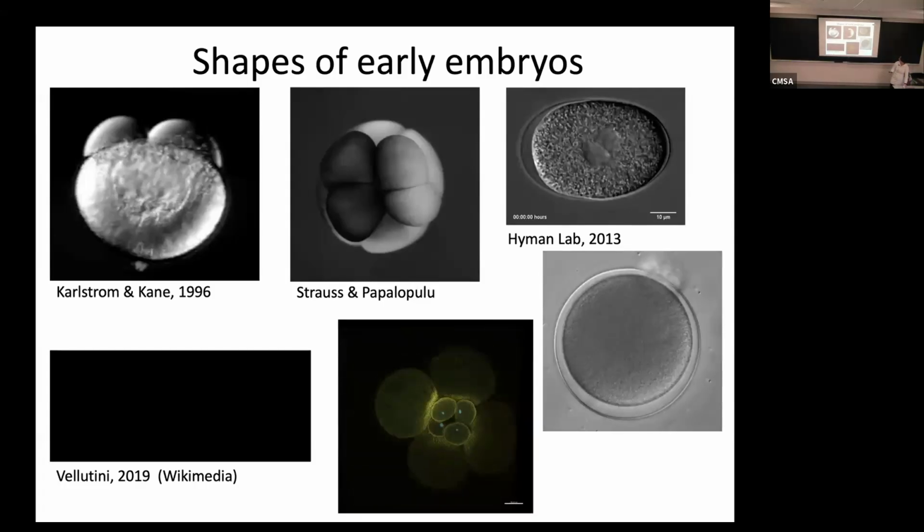And then finally, I want to show you this one. This is one of the very few videos of a spiralian embryo that is developing. This is a marine snail, a slipper snail, Crepidula fornicata. And here too the cell divisions encompass the whole of the egg. So it's split, but then it does these very asymmetric cell divisions. And so you have these very large cells at the vegetal pole that are more yolk rich, and these tiny cells on the animal pole that are more cytoplasm rich.